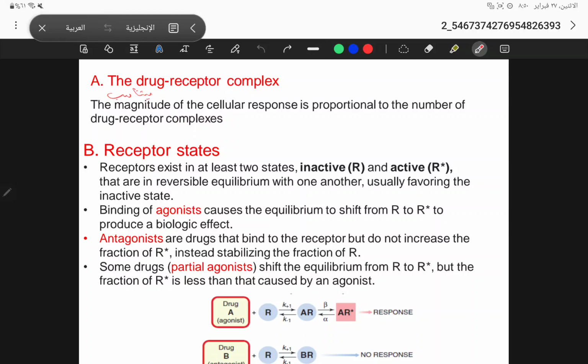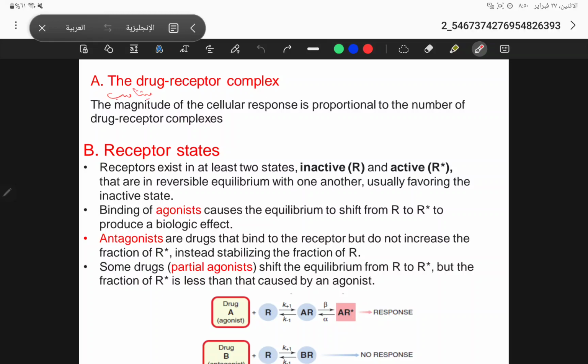And these two states of receptors exist in equilibrium, activation and inactivation. They always exist in a reversible equilibrium with one another, usually favoring the inactive state. Of course, anything in nature favors stability, so stability is always in the inactive state.